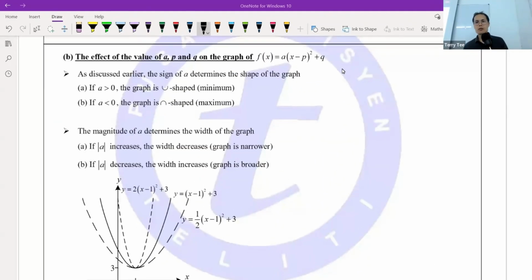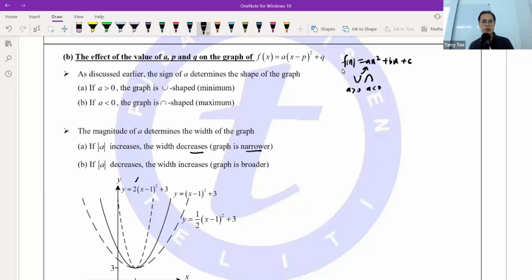In the previous part, we talked about the effect of a, b, c. Now, a determines the minimum or maximum. We know a more than 0 is minimum, less than 0, maximum. Now, the magnitude of a also affects the curvature, or we say the width. For example, if your a has a magnitude greater than 1, you can see the width actually decreases, or the graph is narrower.